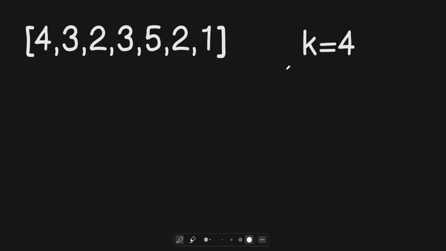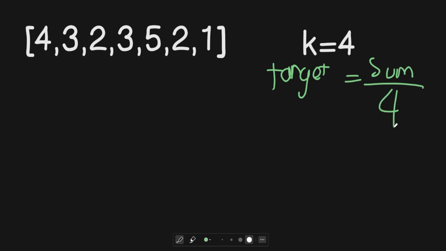Okay, our target, right? Because we want to split these numbers into equal portions, and we want 4 of them, so our target would be the sum of everything divided by 4.